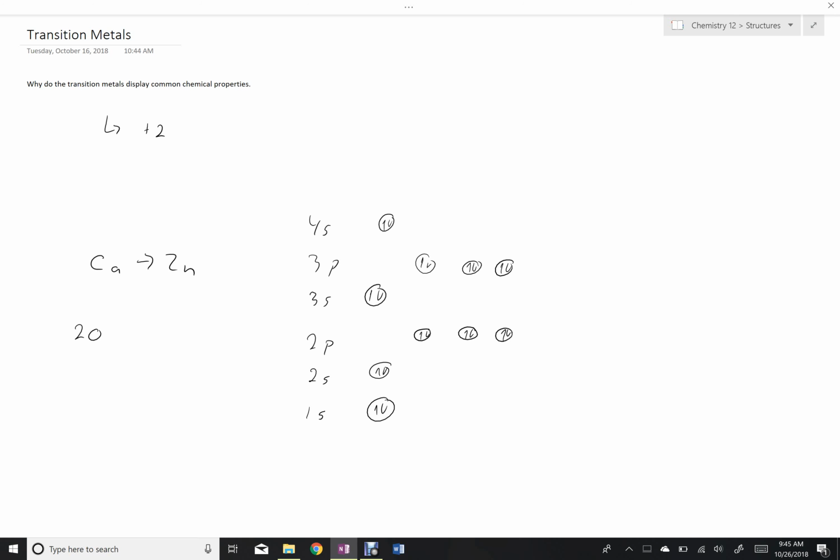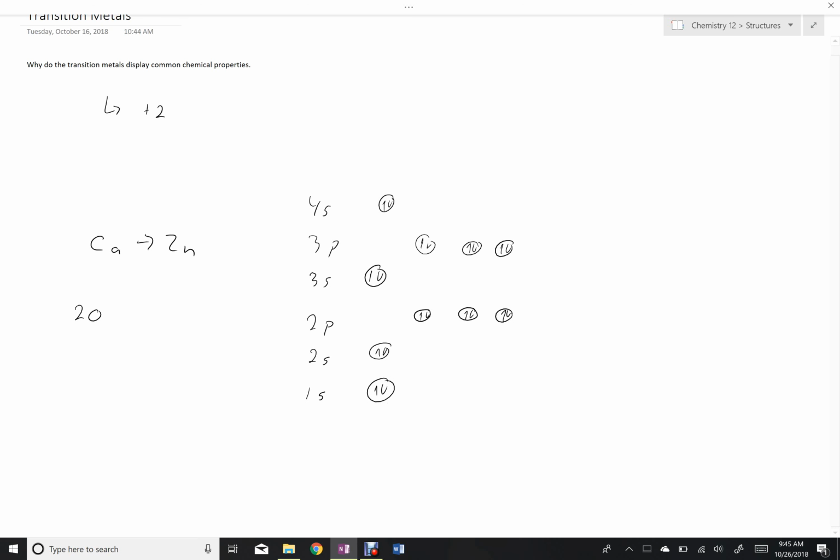Now, let's think about this atom, and let's remember the concept of shielding.